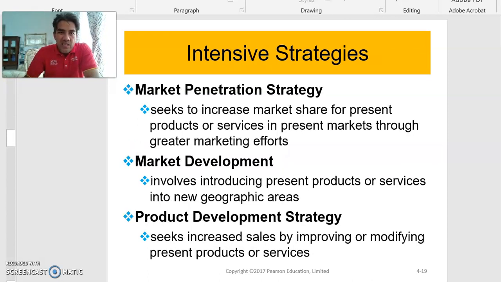And then we talk about intensive strategy.